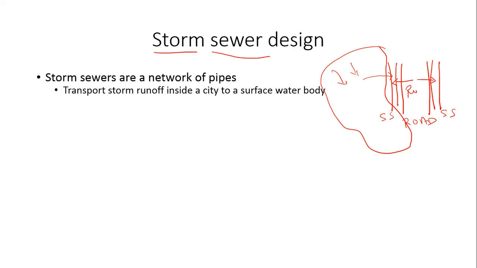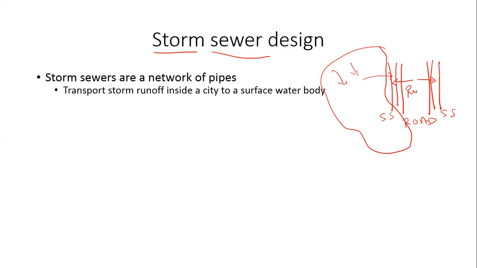If I know that I'm going to generate X amount of runoff, then I need a pipe of diameter 1 meter or 500 mm or whatever it is, right? So the size of this pipe depends on the amount of runoff that this area is going to experience. But the critical thing here is, I am not interested in designing a pipe for anything less than the maximum runoff that I'm expecting.